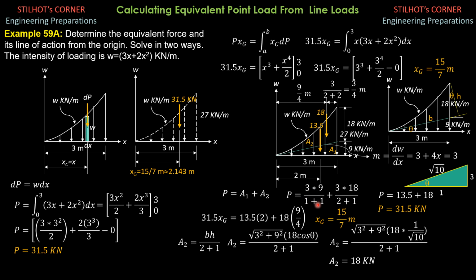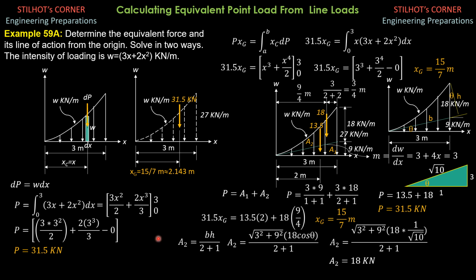So 1/2, 3 base, height for the triangle 9. Then for the area under this second degree curve, it is 3 base, 3 height is 18, perpendicular dimensions divided by degree 2 from this given W here plus 1. So calculating, P is equal to 13.5 plus 18.